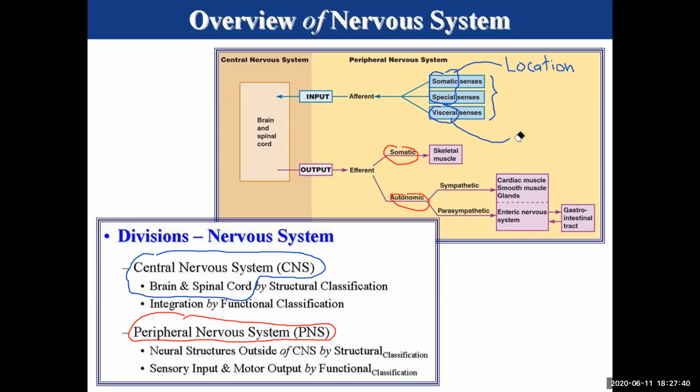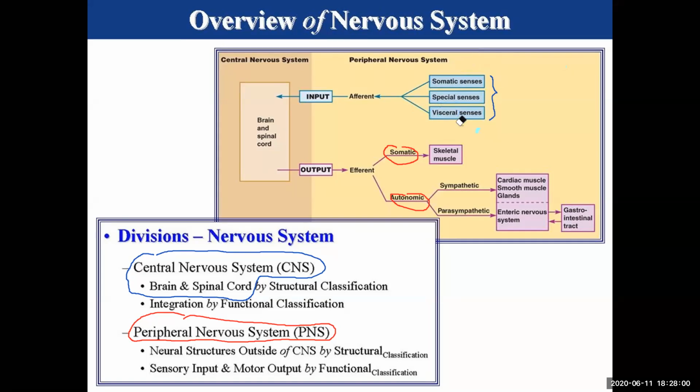So because of this lack of a line of communication, for any discomfort in the visceral organs, we do not have a clue where it comes from. So that's the difference between somatic and special sense versus visceral sense.